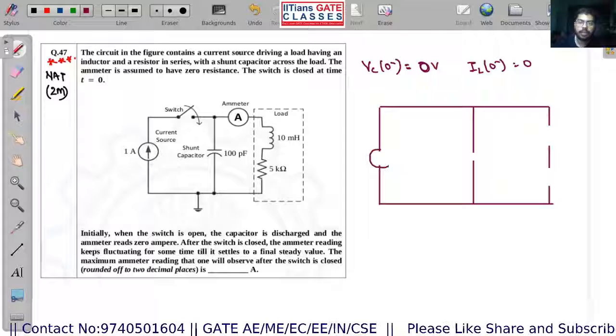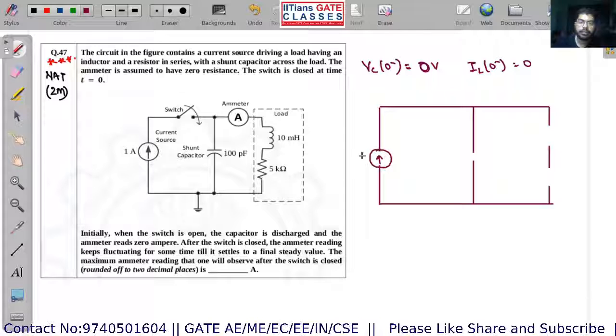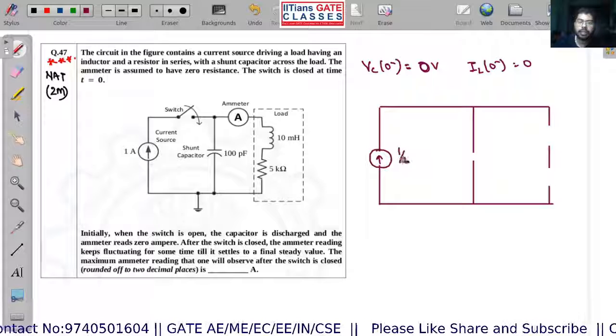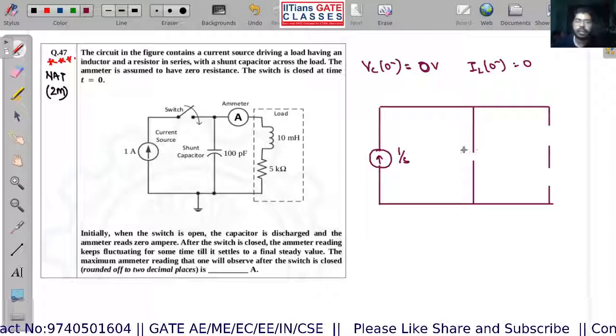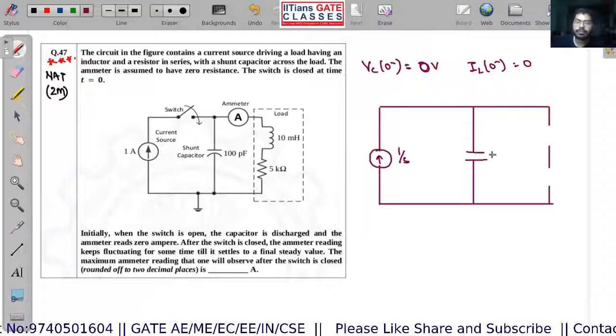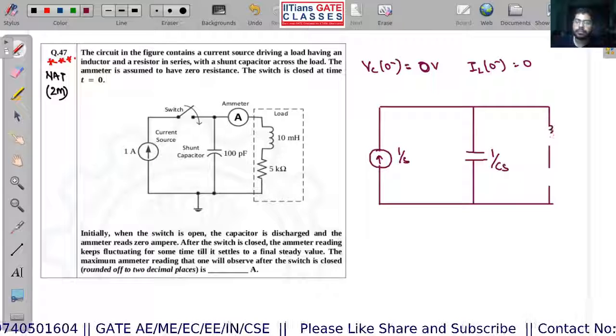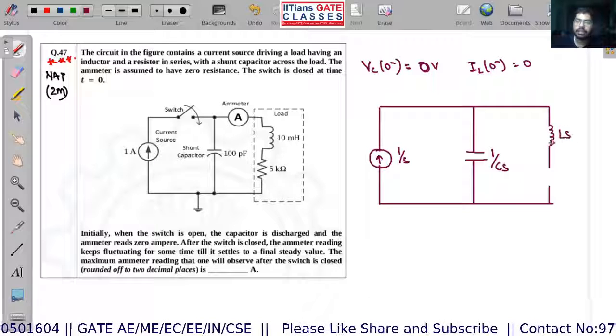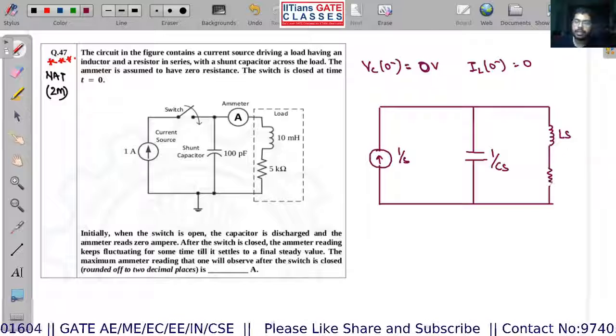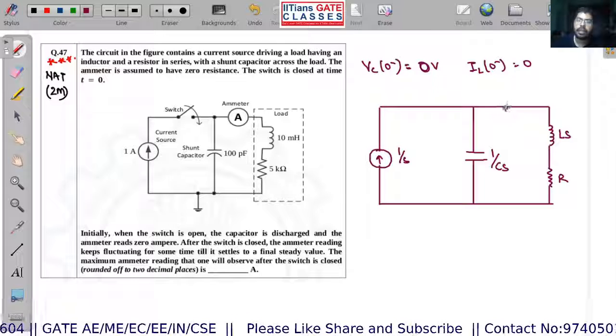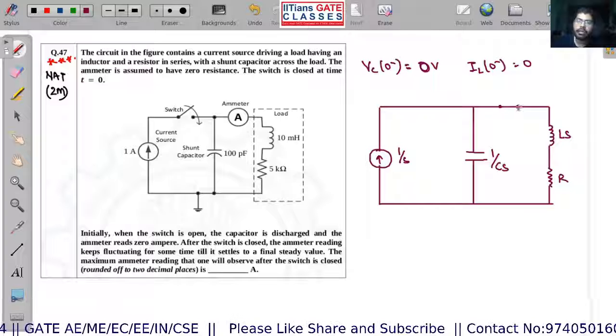So this is my 1 ampere current. In the Laplace domain it will be 1 by S. This is the capacitor, 1 by Cs. This is the inductor, so let me assume Ls, and this is the resistor, so this will be R, and here we have the ammeter.